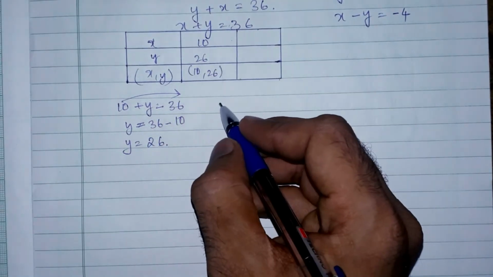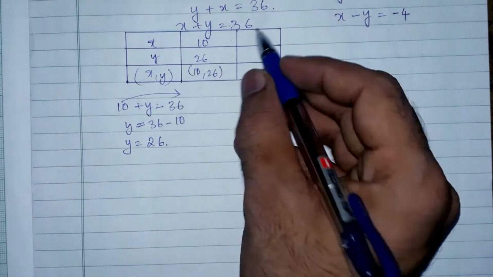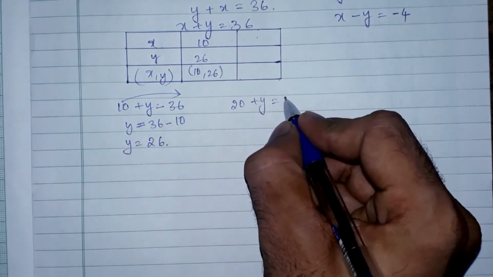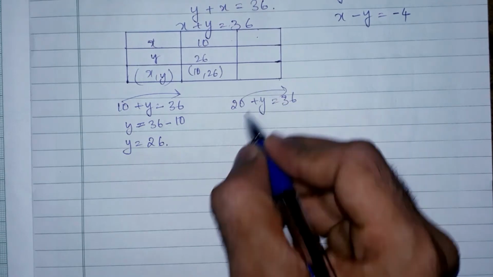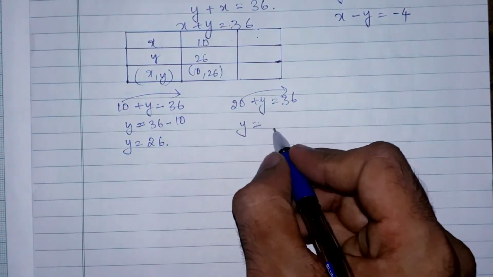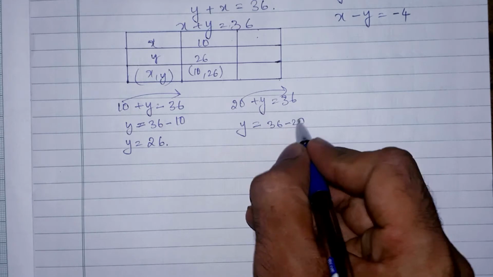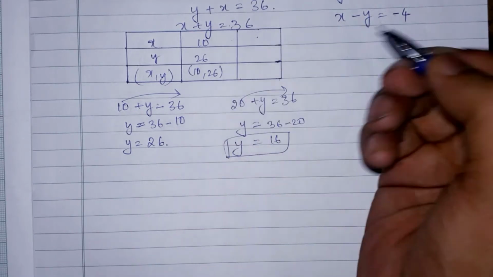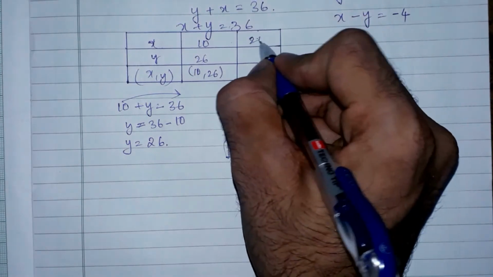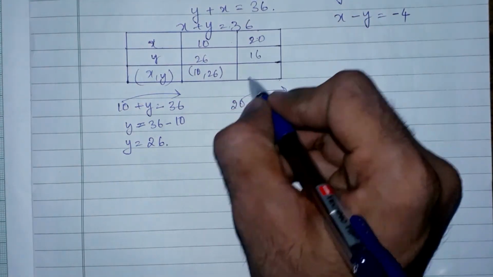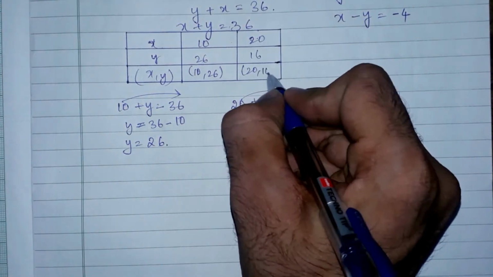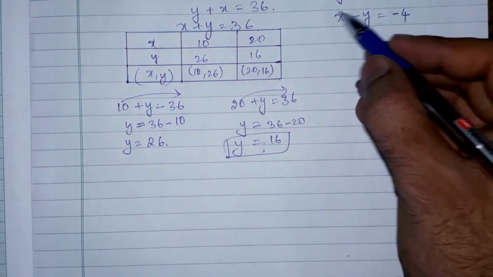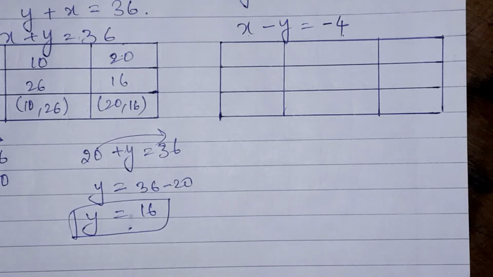Next, in place of x, we will take 20. So 20 plus y is equals to 36. 20 goes to that side. So y is equals to 36 minus 20, that is 16. So we have taken x as 20 and we have got 16. So 20 comma 16.